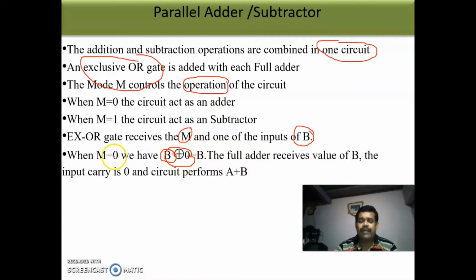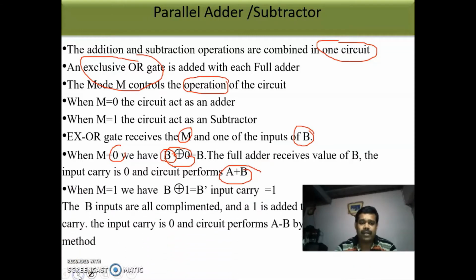So when M is equal to 0, the circuit performs the addition of A and B. Now when M is equal to 1, in an XOR gate, if one of the inputs is 1, the output will be the complement of the other input. So when M is equal to 1, that XOR gate will perform the one's complement operation.